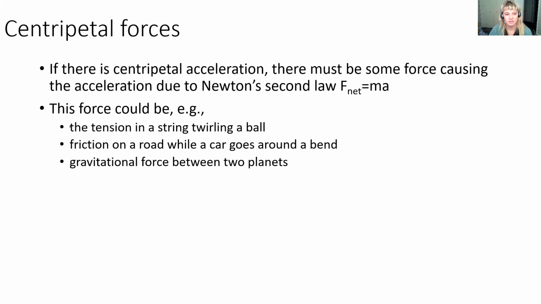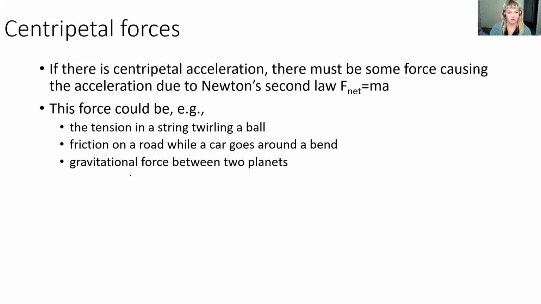But another example of a centripetal force could be the friction between the tires and the road while the car goes around the bend. In order to navigate a bend, there has to be enough friction between your tires and the road to make that turn. And so the friction is the centripetal force that causes the centripetal acceleration to occur.